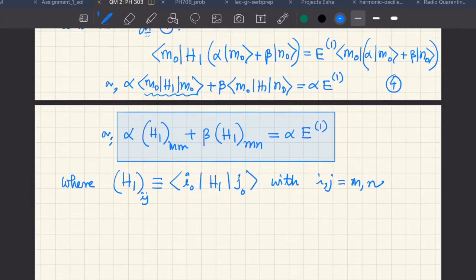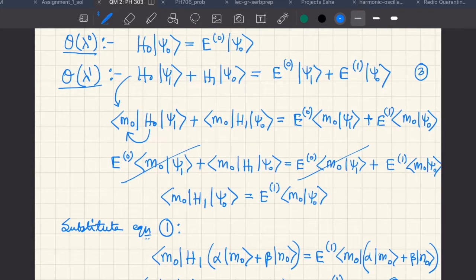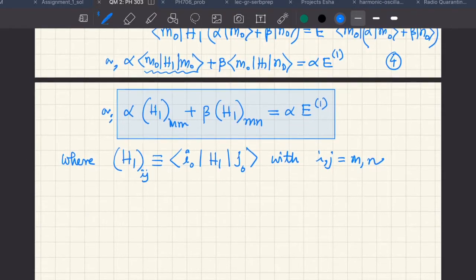Similarly, if you start with equation number 3, and instead of taking the inner product of this equation with bra m naught, you take the inner product with respect to bra n naught, then you will get another equation exactly like equation number 5.